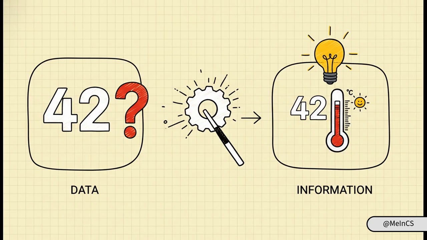And the key difference here is all about context. See, data is just a raw, unorganized fact. The number 42 all by itself means absolutely nothing. But when software processes it and adds that crucial context, the current temperature is 42 degrees, suddenly it becomes useful information. And that transformation is where the real magic of software happens.